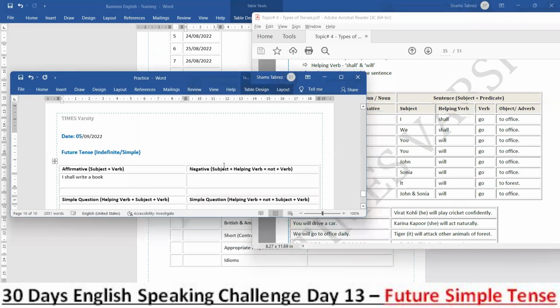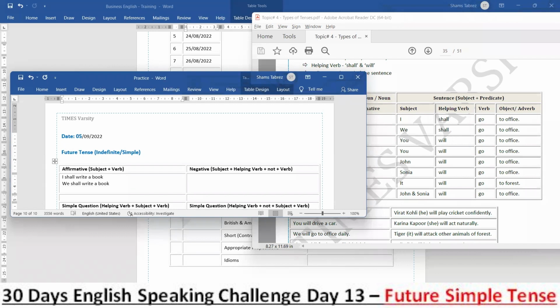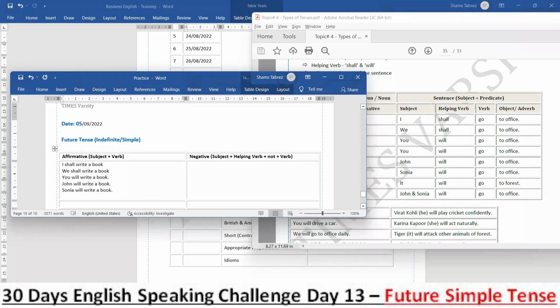So we shall write. You will write a book. John will write a book. Sonia will write a book. They will write a book.